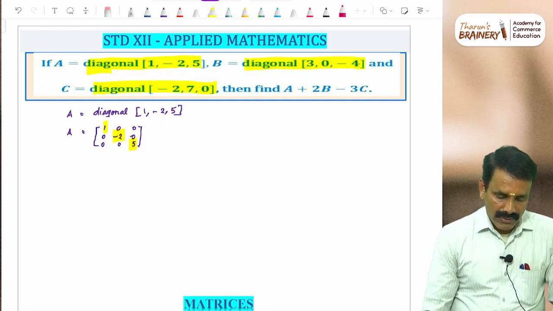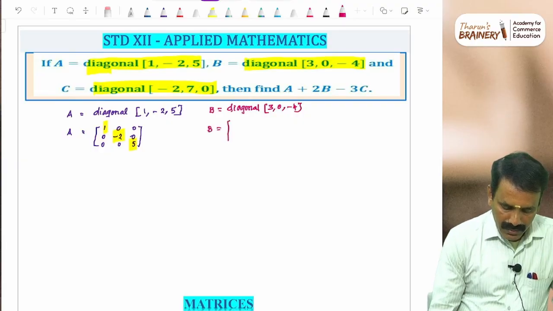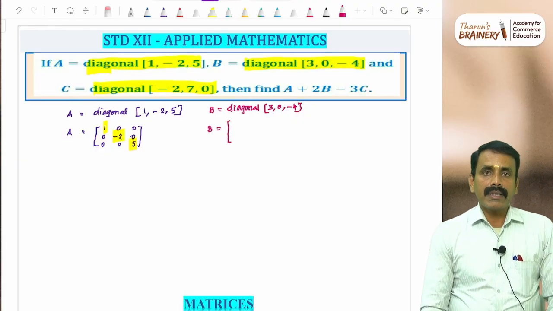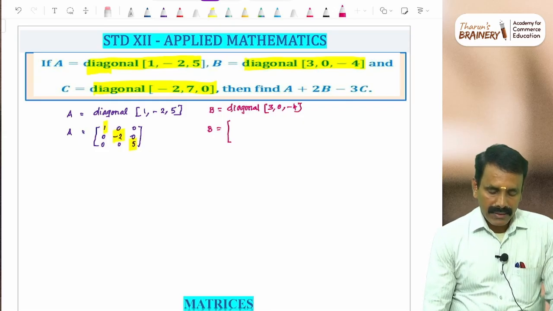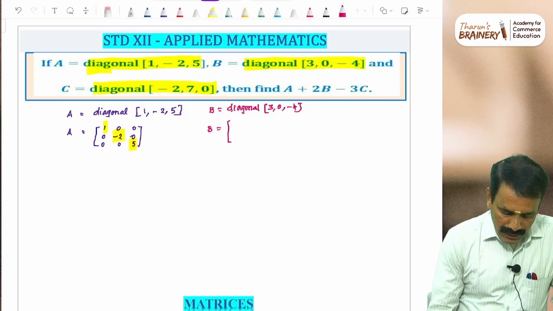Same way, we are going to see what is B matrix. B matrix is given by, again diagonal, and diagonal is going to have 3 elements 3 0 minus 4. So, how to write your B matrix? Tell me now. How to write the diagonal matrix B? It is given by diagonal 3 0 minus 4. So, the first row first element is 3, remaining element will be 0.